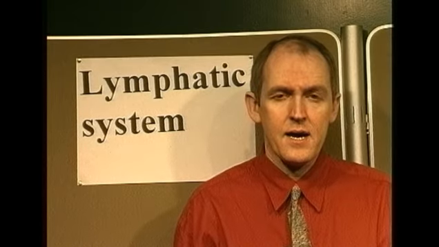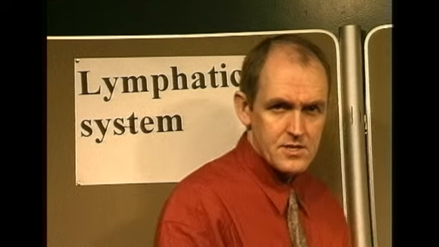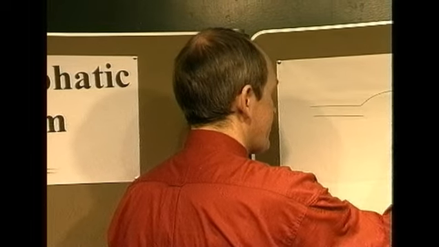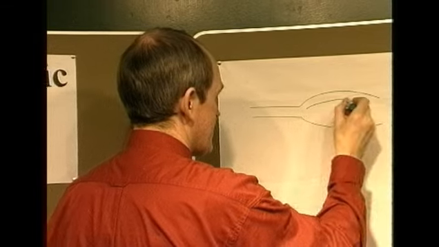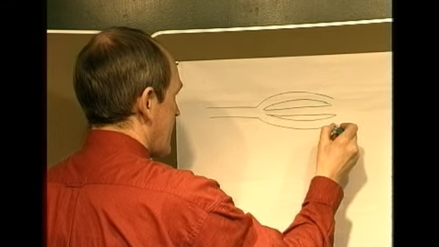What we're going to look at now is the lymphatic system, and particularly the lymphatic drainage of the tissues. Now, we've already discovered that there's an arteriole group of capillaries. Again, we'll use the same sort of diagram as before, and a venule.